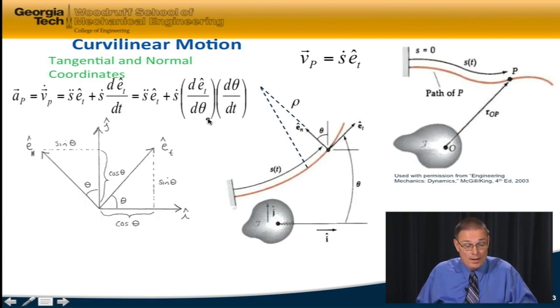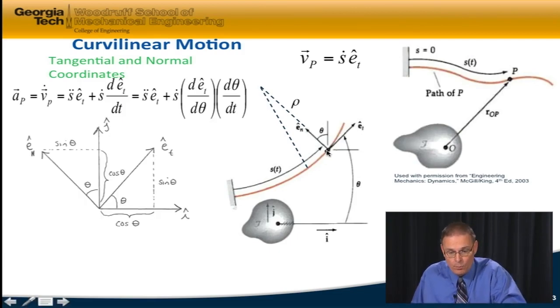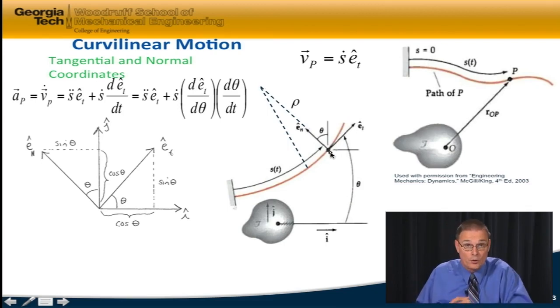And so here, if I look at my particle at point P, this is my x and my y coordinates. I have a tangential direction and I have a radial direction, or a normal direction, that I'll draw that's directed radially inward for the curved path that it's on. And so this is an overlay of those two coordinate systems.